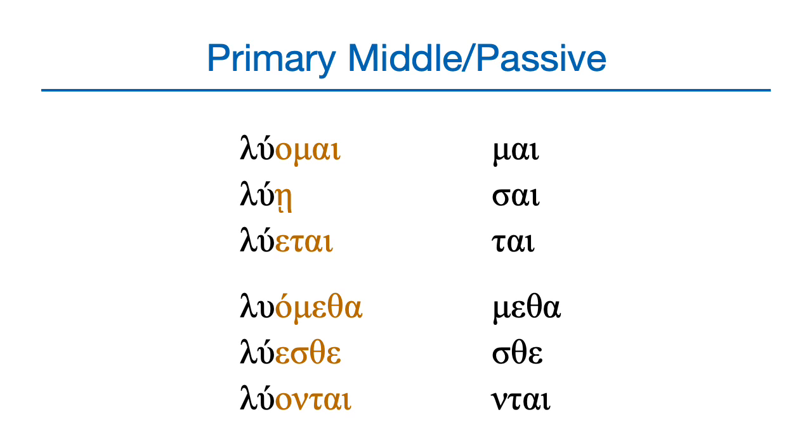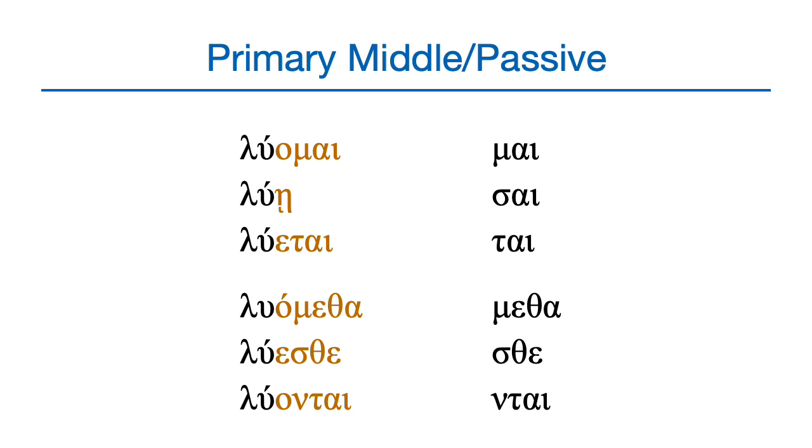The stem is λυ, the connecting vowel is epsilon, the ending is σαι. What happened there is, because the epsilon is followed by a sigma, the sigma drops, and the epsilon lengthens to eta because it comes up against the alpha, and then the iota subscript.